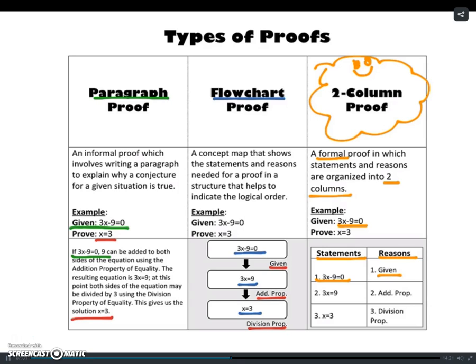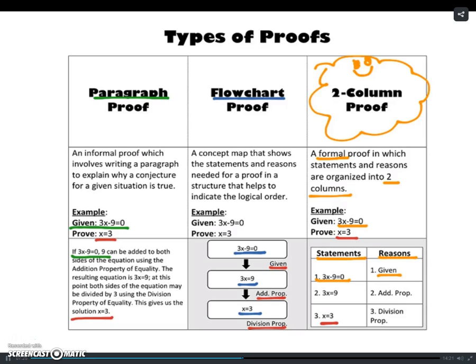Sometimes there's more than one piece of given information, and you can either list all of those in one box or list them each in their own separate box. And we'll talk about times when it's easier to do it one way and times when it's easier to do the other, but either one is fine. Okay? And then whatever they're asking you to prove is going to go down here in the very last box.